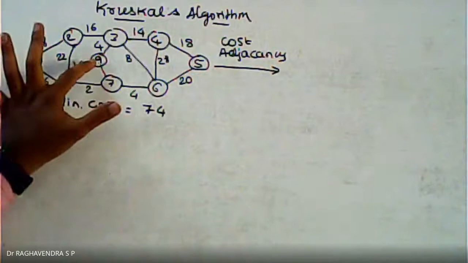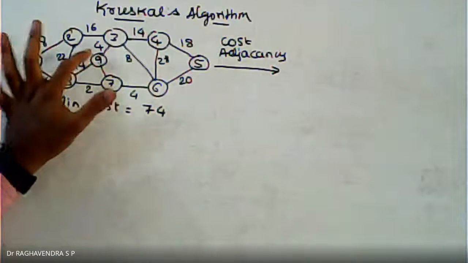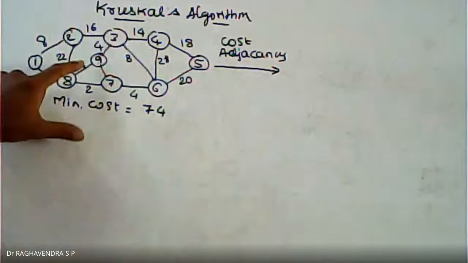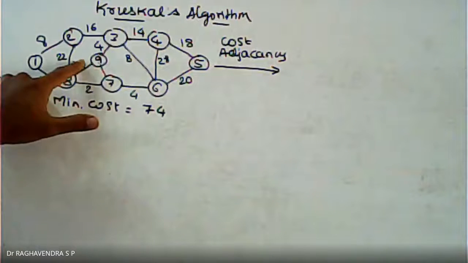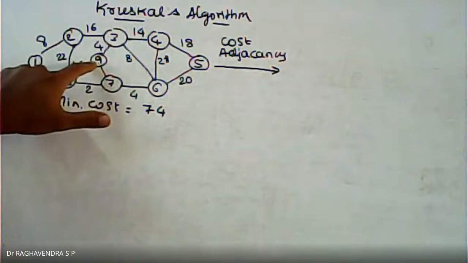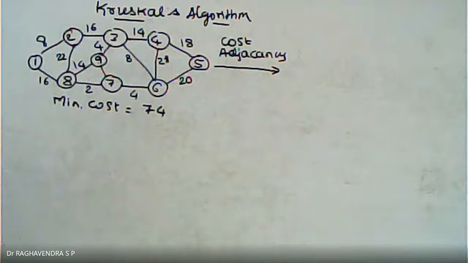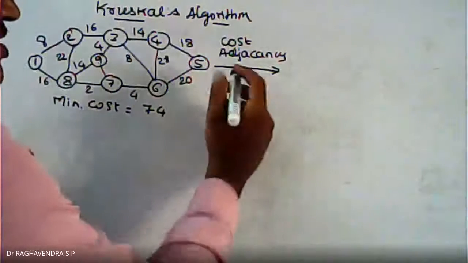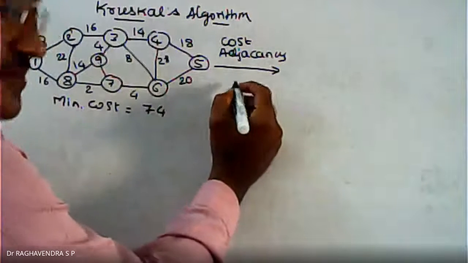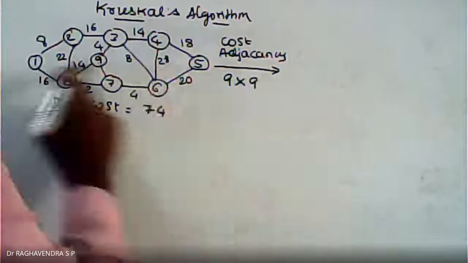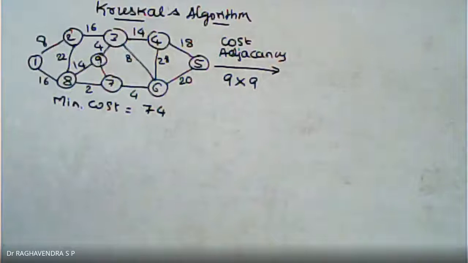Look here, make this 9. It is showing 3, make it 9. Okay? So what is the dimension of the matrix? 9 cross 9. So 9 cross 9 would be the dimension.